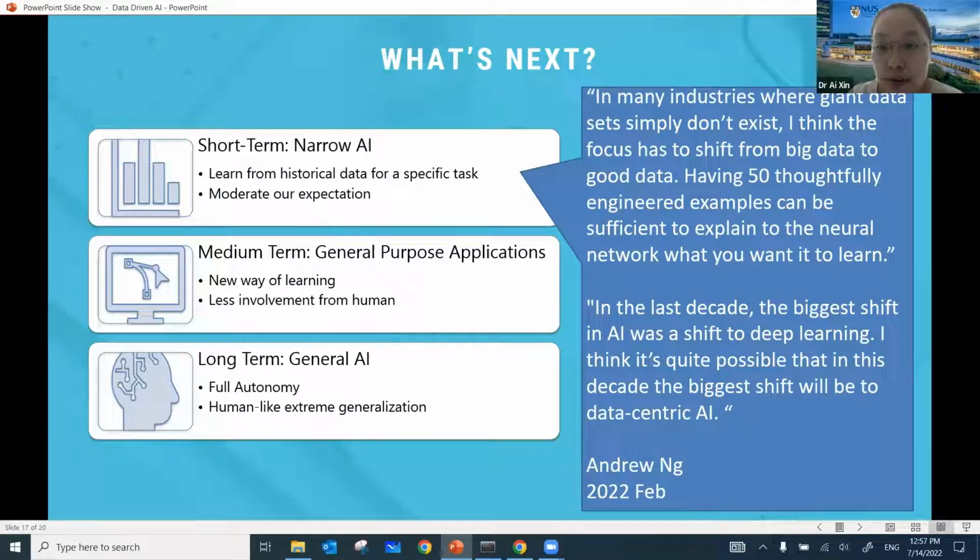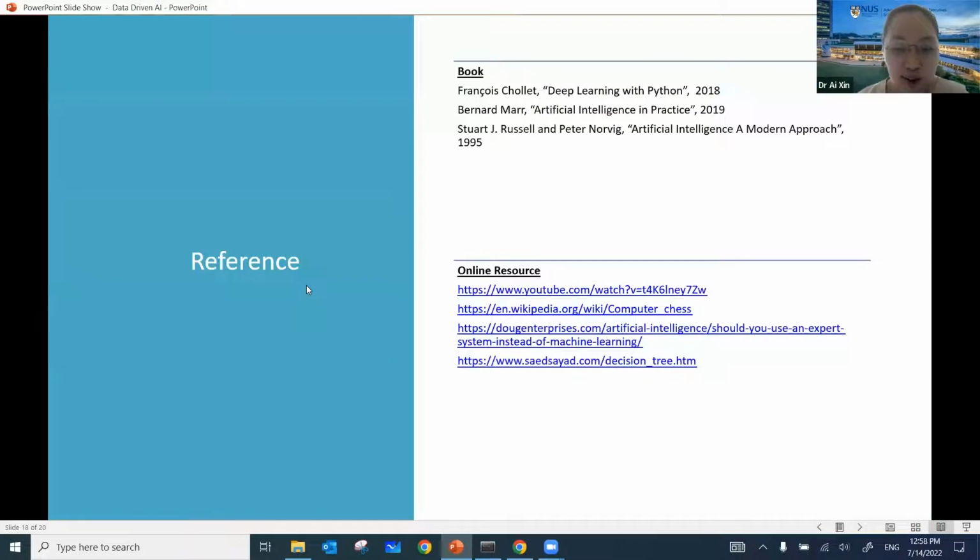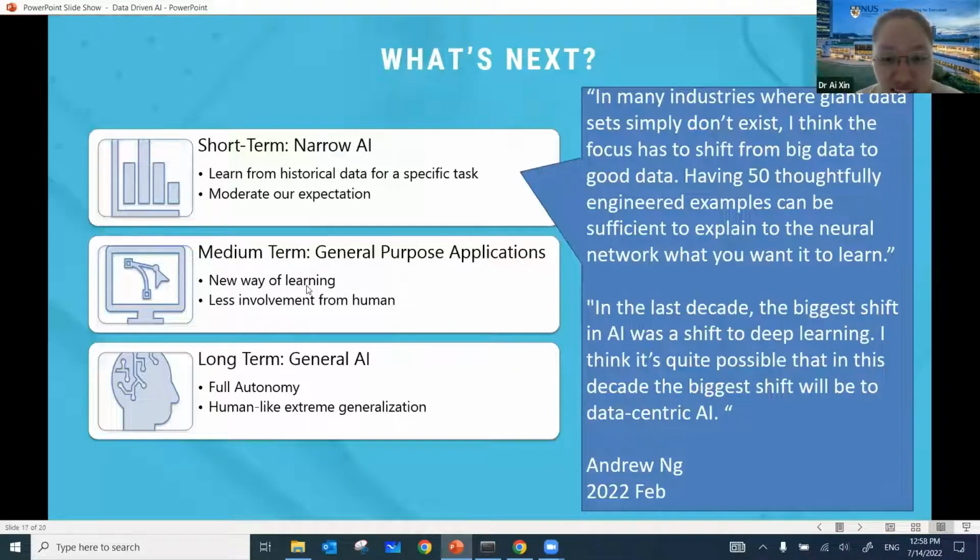But if you can develop like 200 very good data, or he even mentioned 50, okay, very thoroughly engineering the data, then you use those data to train the model, and that may be good enough for you to get a very good AI model that can be very suitable for your company, etc. Yeah, so I think that's all for my talk today.